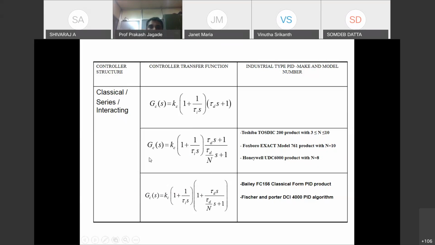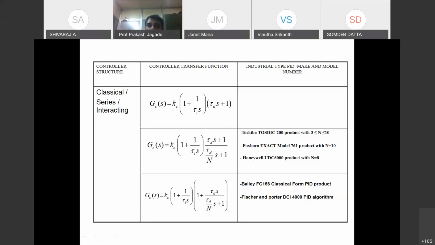So this is one way of making the transfer function physically realizable. The other possibility is that, instead of using the ideal differentiator, we use a practical differentiator, that is tau d s divided by tau d over n s plus 1. We are not using the ideal differentiator; we are using a practical differentiator. By using it, we make the transfer function physically realizable.